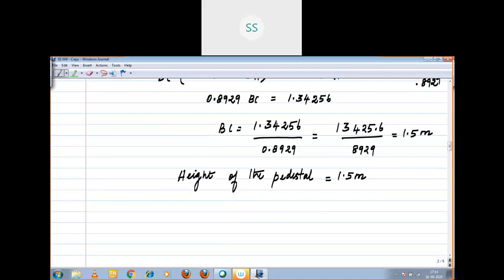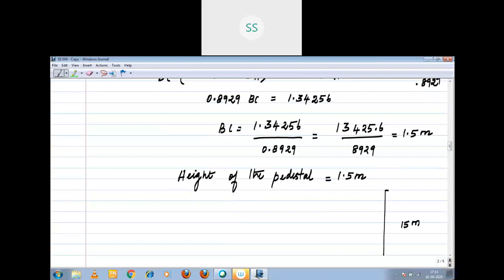The top of the 15 meter high tower. So this is your tower. Right children, this is your tower. 15 meter. Got it?